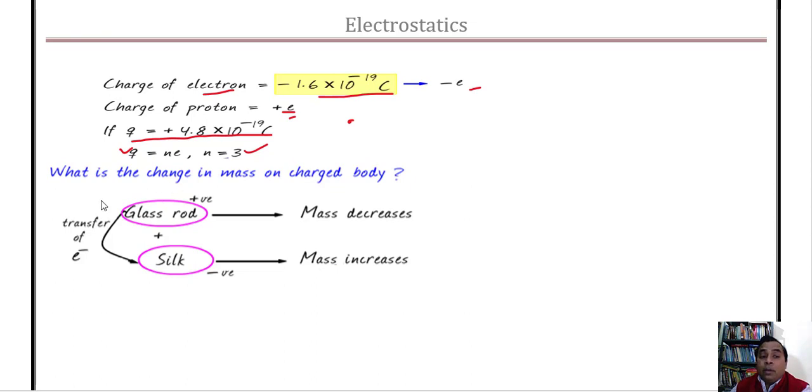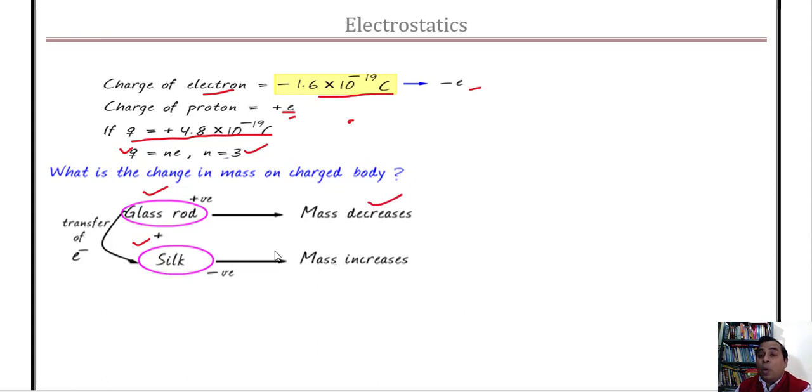Next part, simple. On the property basis I am asking, whenever we transfer charge from one body to another body, like earlier the glass rod had positive charge and the silk cloth had negative charge. Because the glass rod has given up some electrons, which are charged particles, it has given up mass, so its mass will decrease.